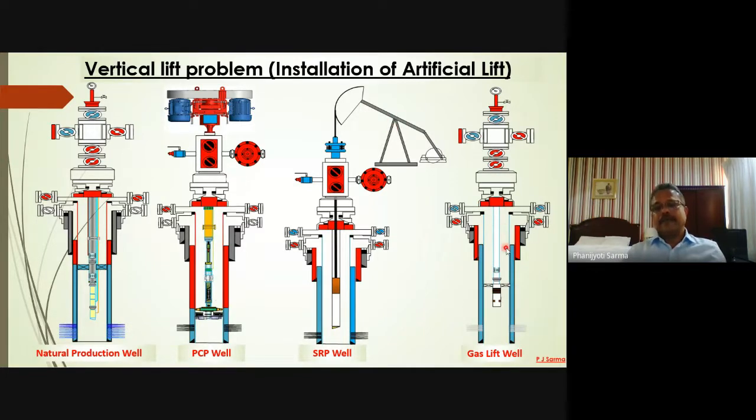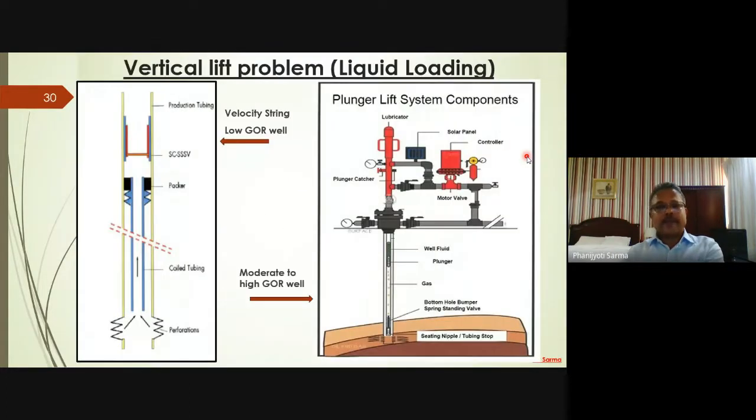In some cases, we may install gas lift. In gas lift, you inject additional gas, and it aerates the vertical column and the fluid gets produced. Apart from these, ESP wells and some other forms, plunger lift is there. In some cases, particularly in gas wells, liquid loading is a problem.